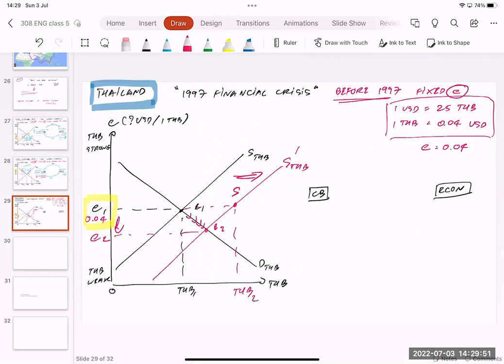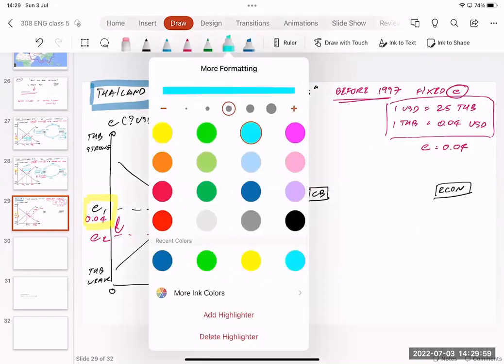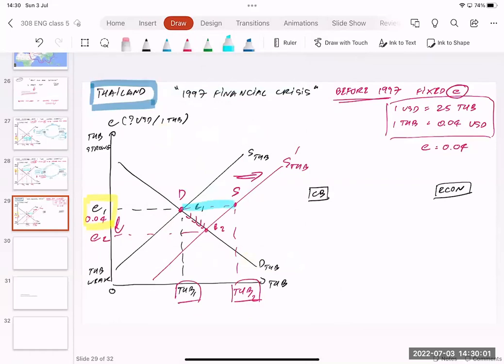Demand is here, D: people want to buy Thai baht at THB1. As you can see, when we fix the exchange rate at E1, supply is greater than demand. People want to sell more than people want to buy, so we have an excess supply problem.